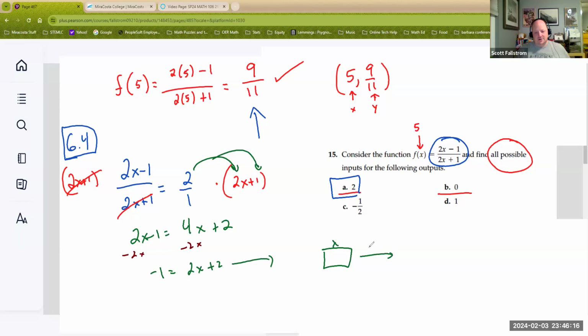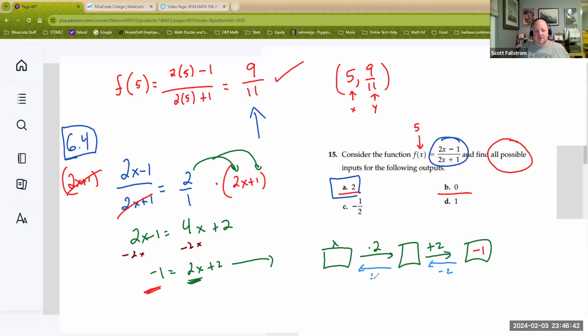And then the first thing I would do is multiply by 2, because that's what it says. And that gives me a new box. And then I would add 2. Okay, there we go. And that would give me my final box. My final box is -1 because that's what it told me I got over here. And if I was going backwards, I would make sure if I was adding to go towards the right, I would subtract to go to the left.